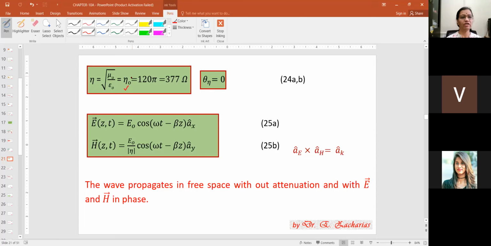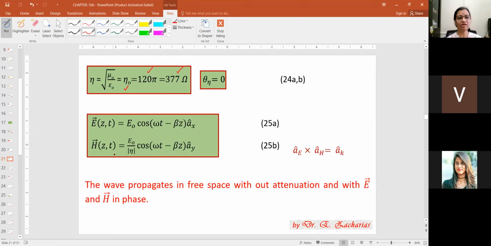No, you don't have to do all that. Now you're engineering students, you have to just remember simple things like you will get 120 pi as the intrinsic impedance of free space, which if you substitute for pi will turn out to be 377 ohms. And theta eta is 0.